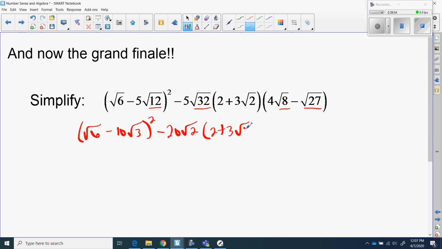None of those reduce. This does reduce. It is 4 times 2. The square root of 4 is 2 times that 4 is 8 radical 2. 27 is 9 times 3. The square root of 9 is 3 radical 3.